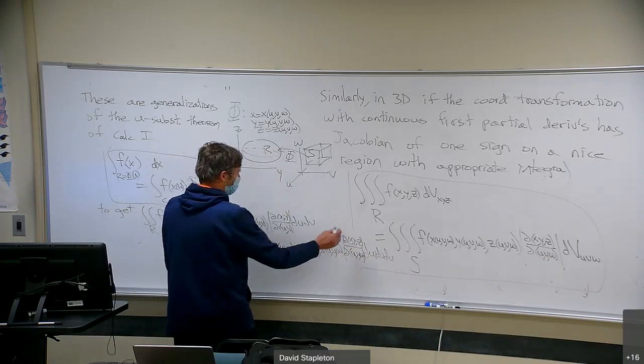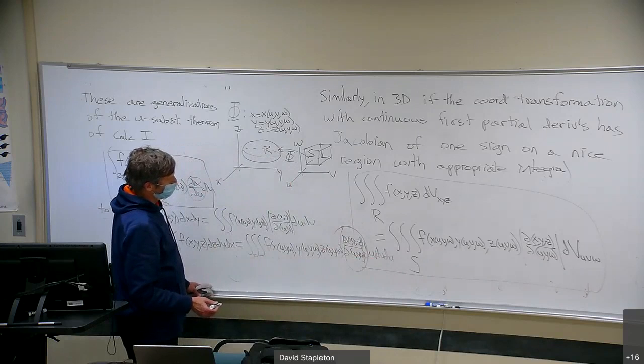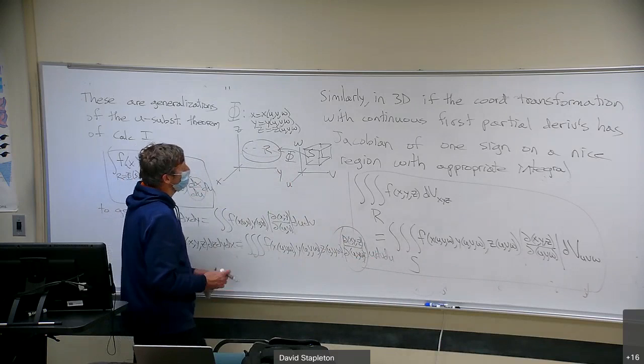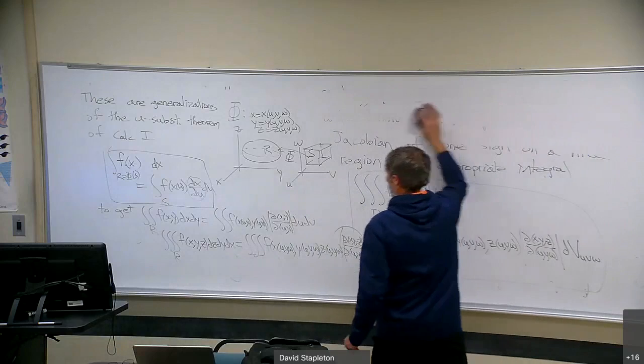Now, what is this thing? If you do a linear transformation, this turns out to be the volume of the parallelepiped, which you do in terms of the cross product and dot product.